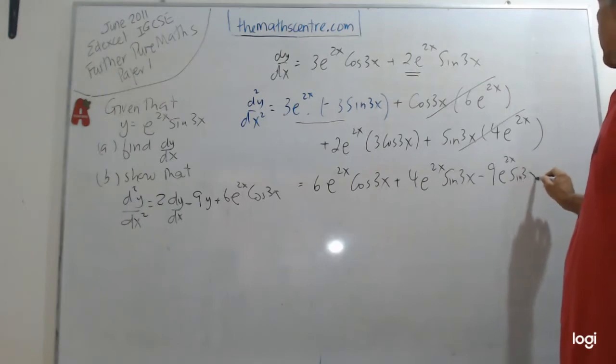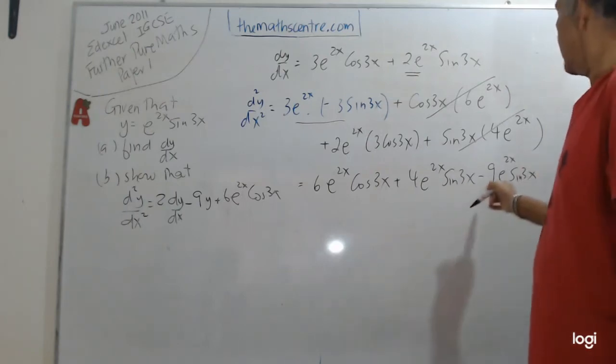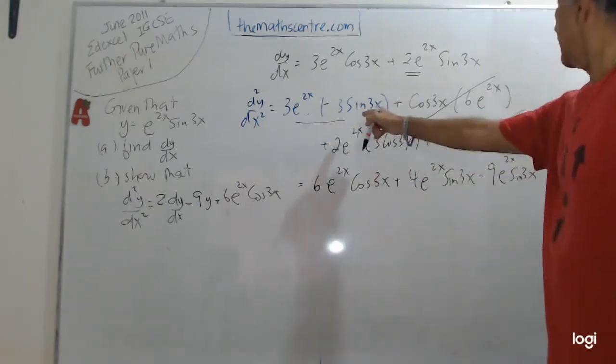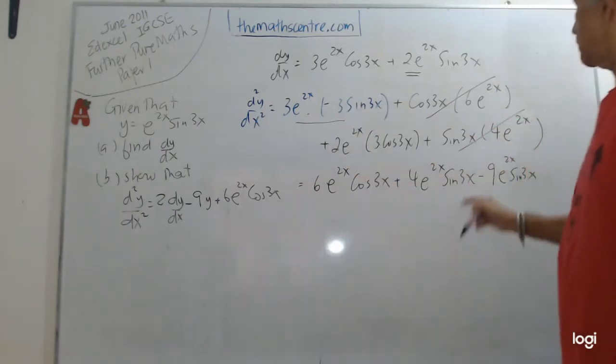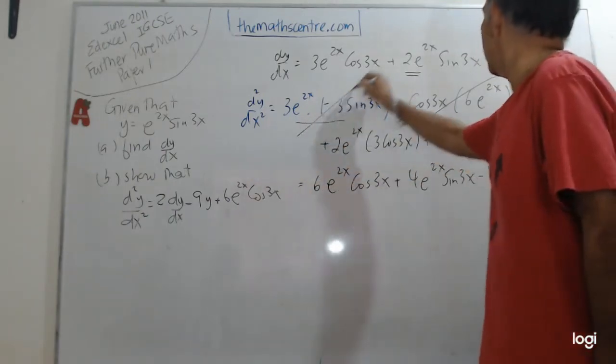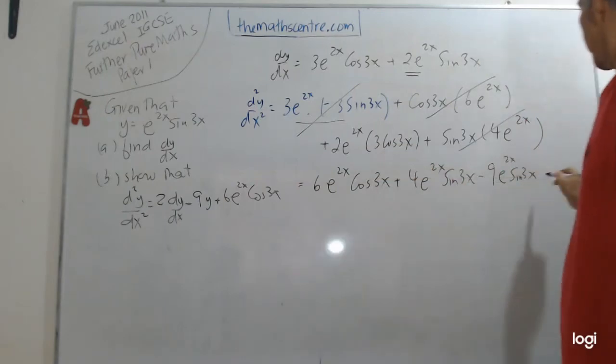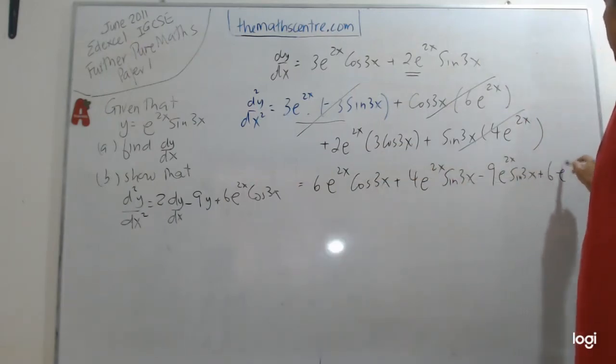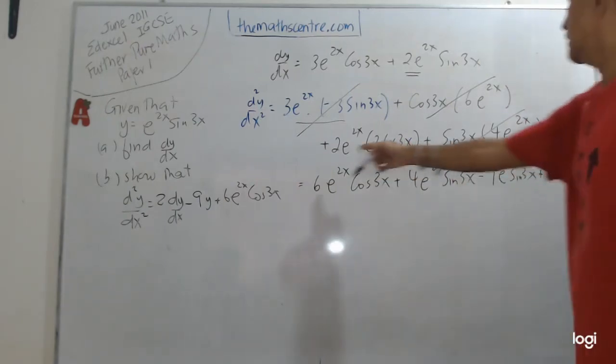Let me squeeze everything into one line. There's a minus here, so just be careful. I've taken care of this as well, and I'm left with 6e to the power of 2x cos 3x, since 2 times 3 is 6.